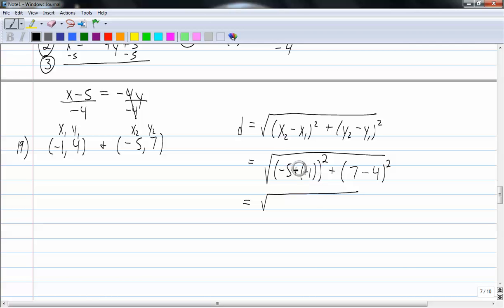So this will be the square root of, that's -4 squared plus 3 squared, or the square root of 16 plus 9. So that's the square root of 25, and the square root of 25 is 5. So 19 is D.